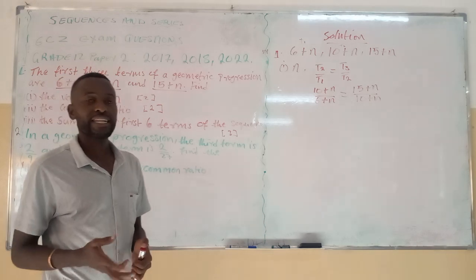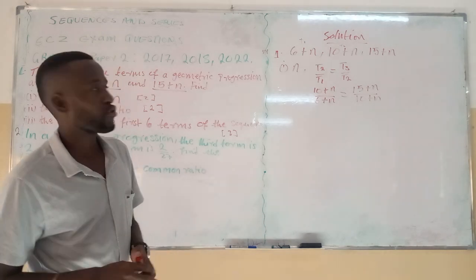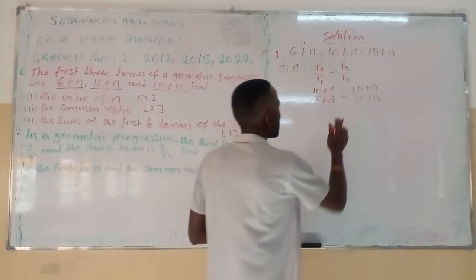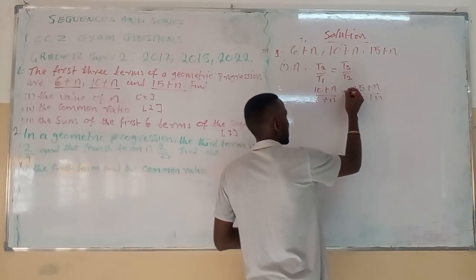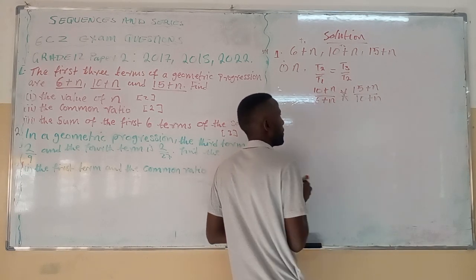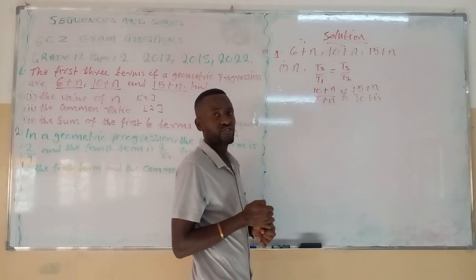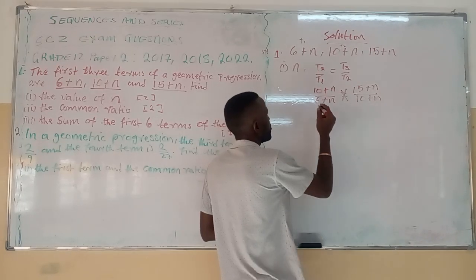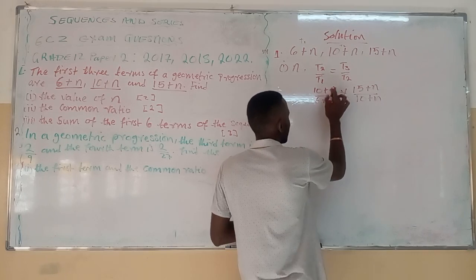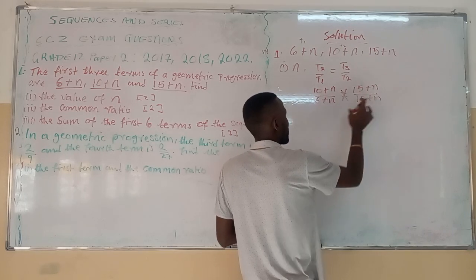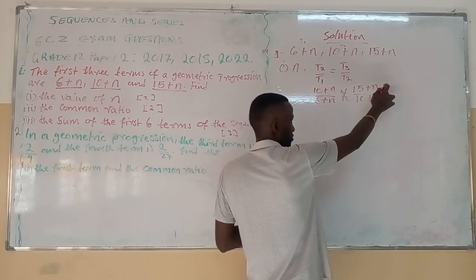Once you do that, you can simplify by cross multiplying, so that you form a single equation. We are simply saying 10 plus n multiplies with 10 plus n, and 6 plus n multiplies with 15 plus n.